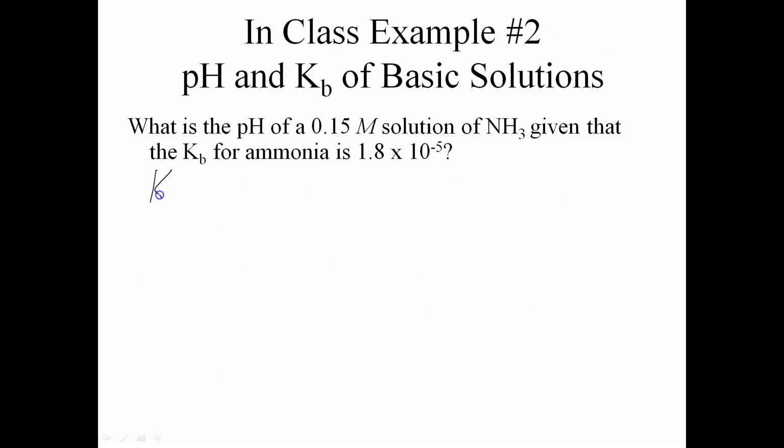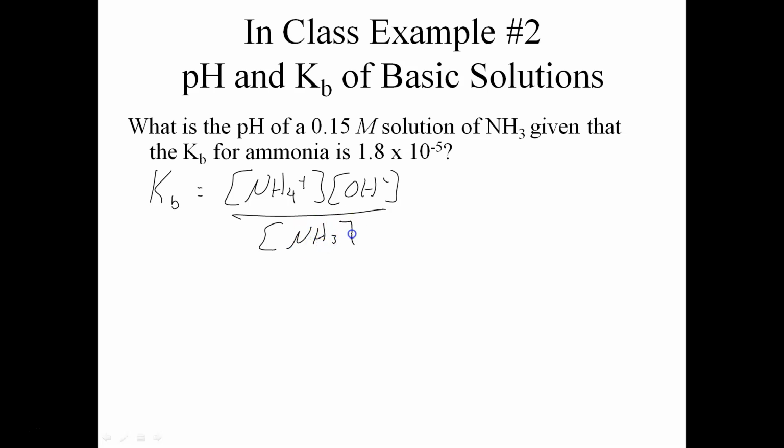So Kb is the concentration of NH4 plus times OH minus over the concentration of NH3. The Kb value, 1.8 times 10 to the negative fifth, is x times x over 0.15.